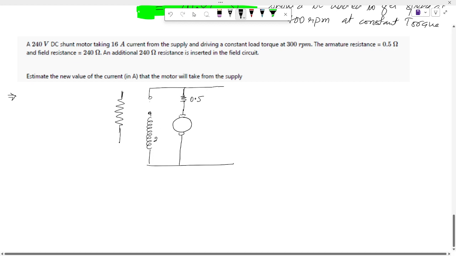Field resistance they have given 240. They are saying that they are adding some external resistance, that is 240. Initially the arrow was like this, later this will be connected like this. From here to here they will switch. Okay.